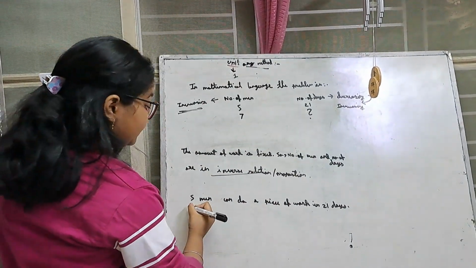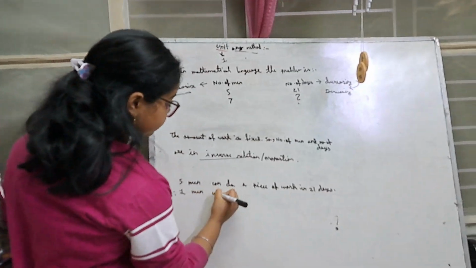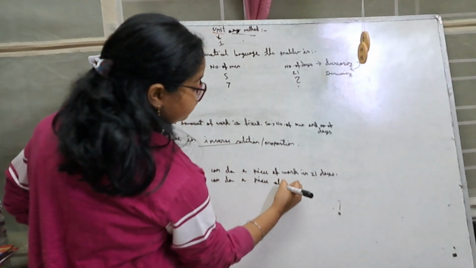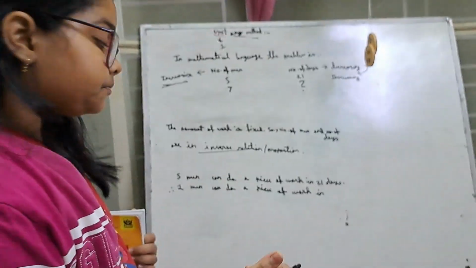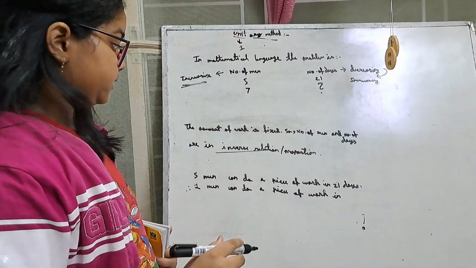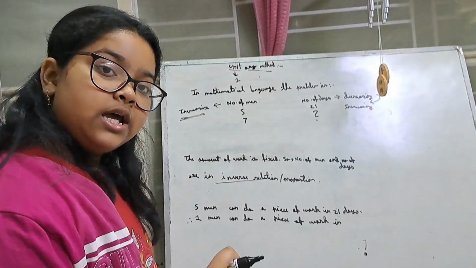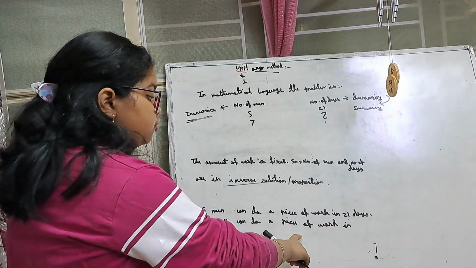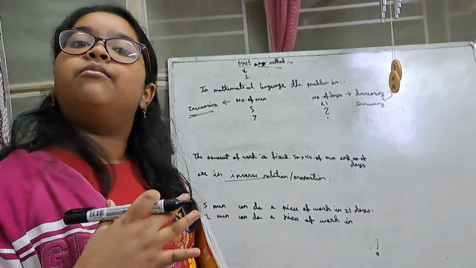So first we have to find how long 1 man can do a piece of work in. 5 men take 21 days to complete the work, so 1 man will need much more time.